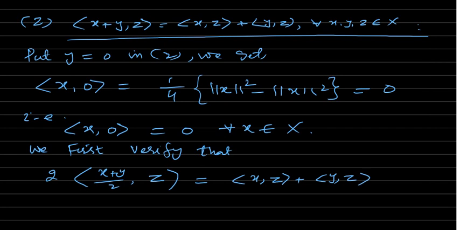So if you take y equal to 0 in this equation, then it will give twice inner product of x by 2 with z is equal to inner product of x with z, since y is equal to 0, this part will be 0.